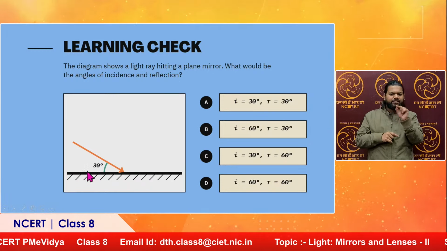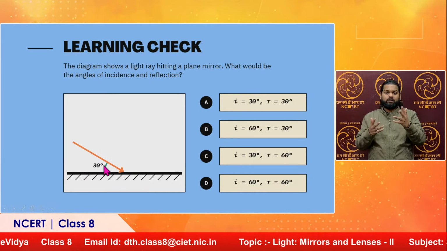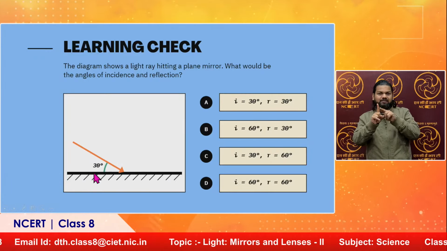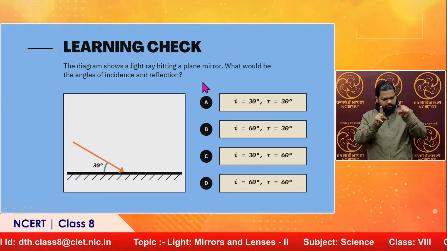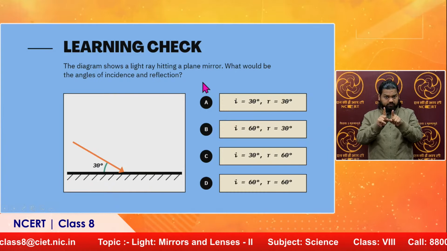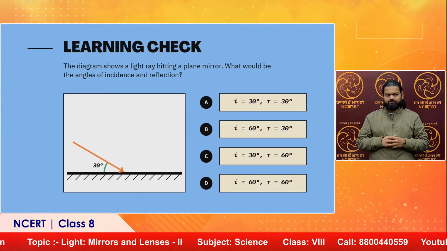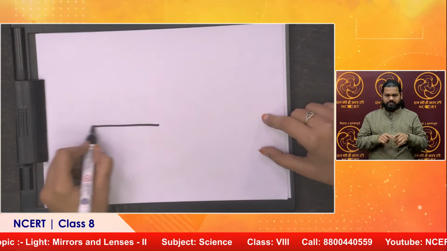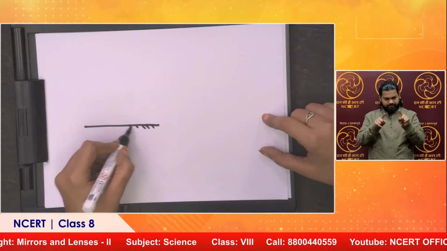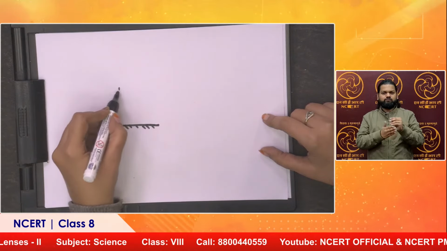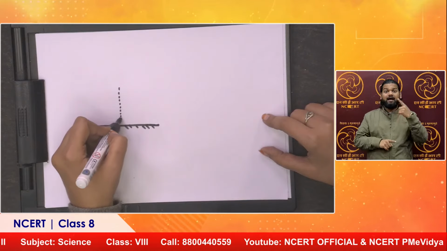So you really need to understand that this angle of 30 degrees is getting formed here, and I'll show you how we go about this. We'll make the same diagram in our notebooks and make an imaginary line.